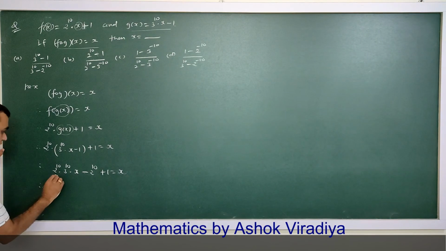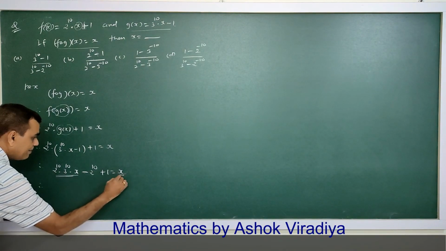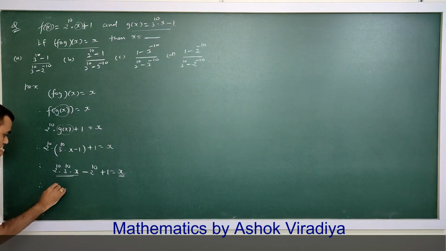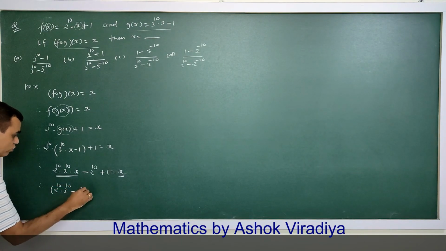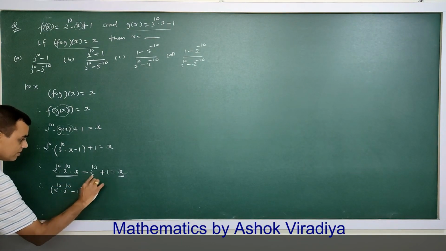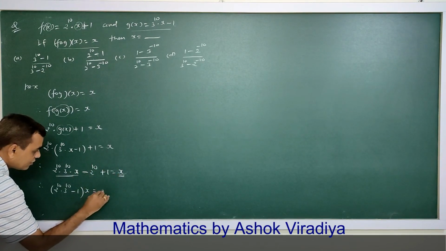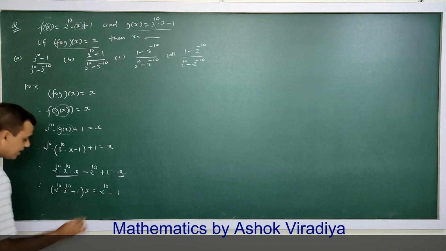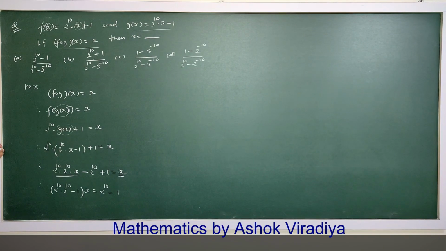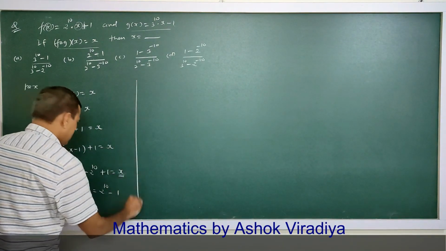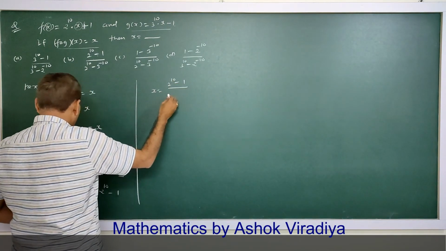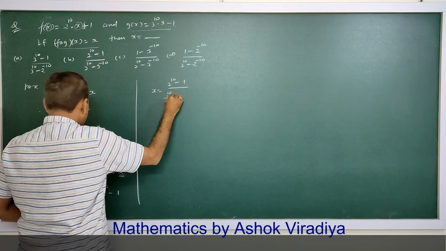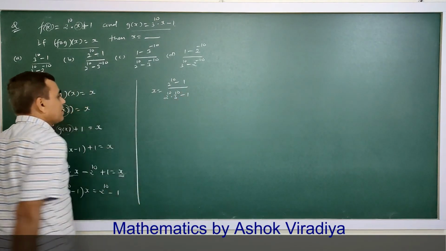Then from these terms I am taking x common. So (2 raised to 10 into 3 raised to 10 minus 1) into x equals these numbers taken to this side, 2 raised to 10 minus 1. So x is (2 raised to 10 minus 1) upon (2 raised to 10 into 3 raised to 10 minus 1).